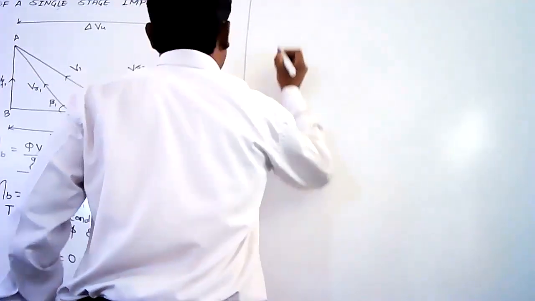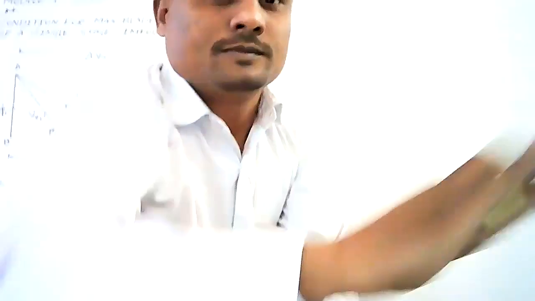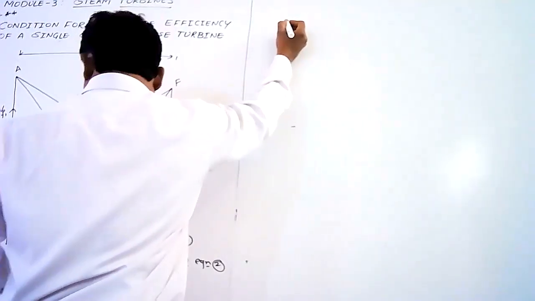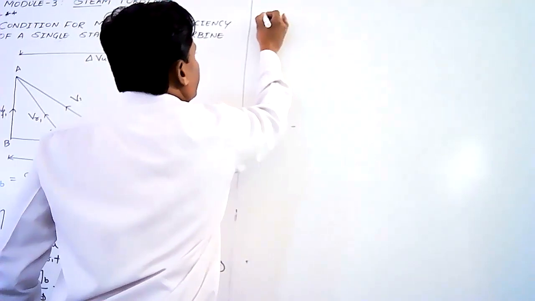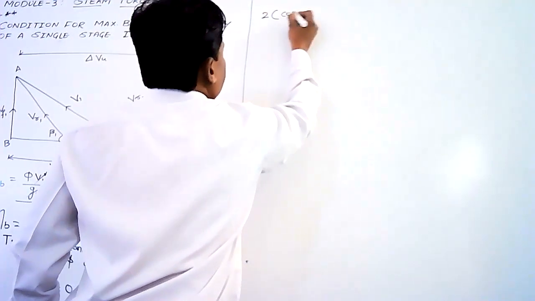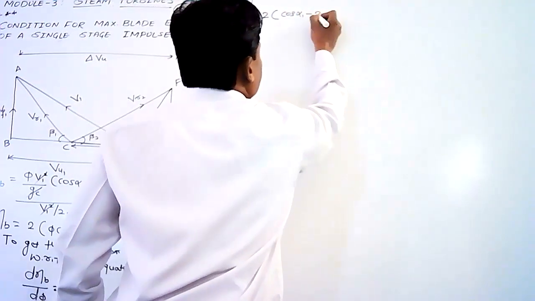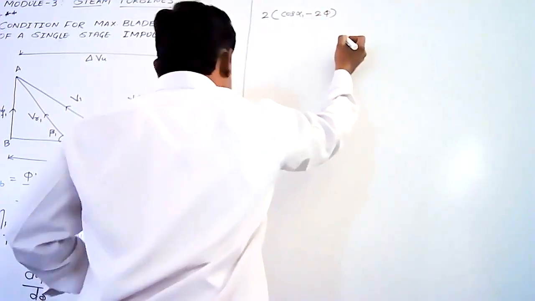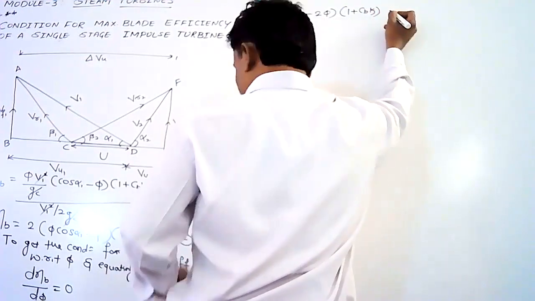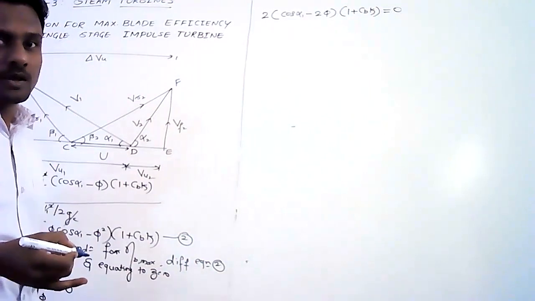So the differentiation of this term: kindly write down the differentiation of this term 2 as it is, into the differentiation of phi cos alpha 1, which is only cos alpha 1 with respect to phi, minus phi square, whose differentiation is 2 phi, into 1 plus Cb into K as it is.